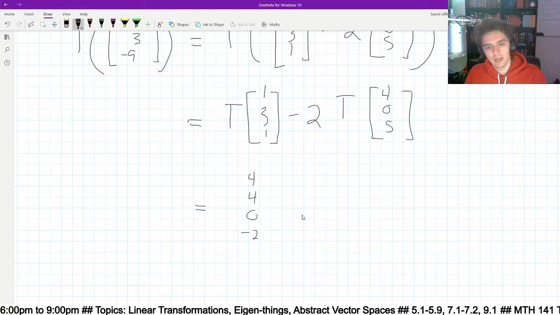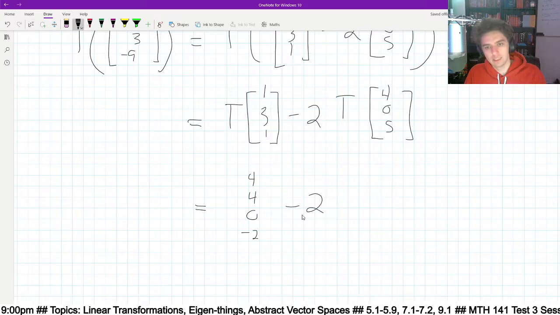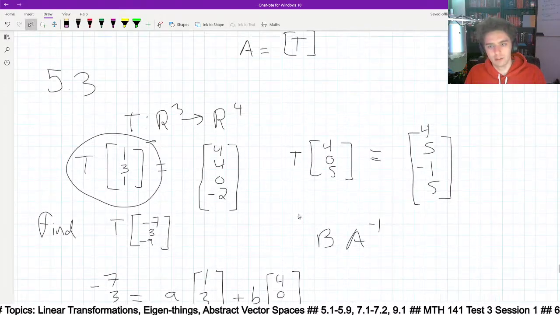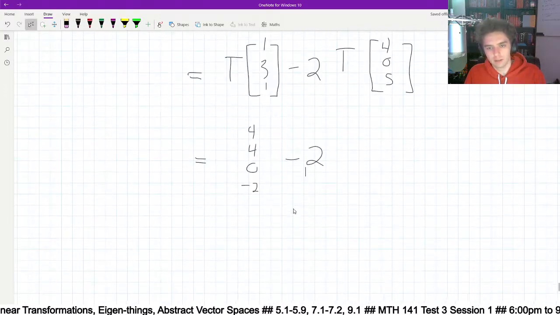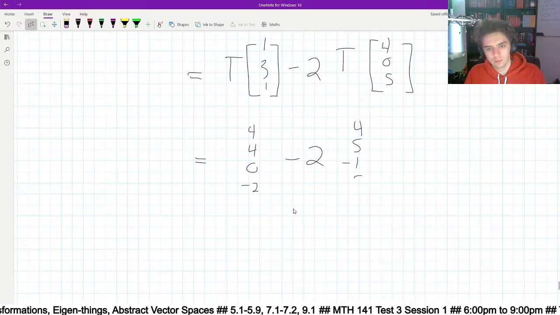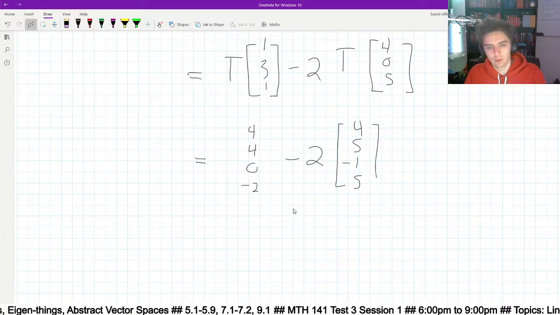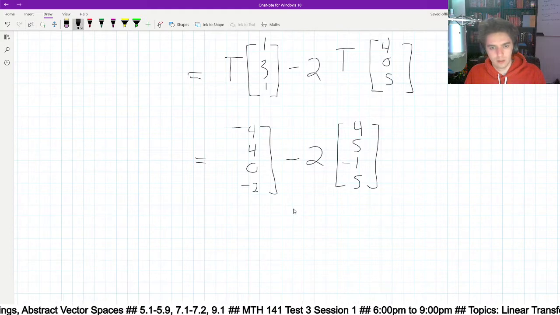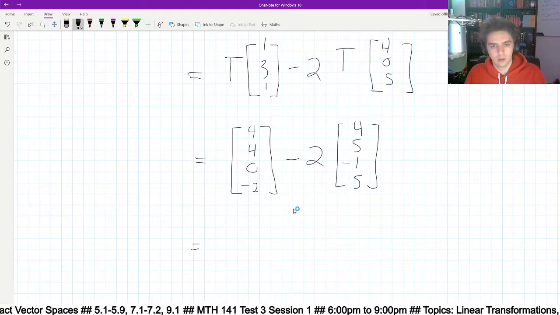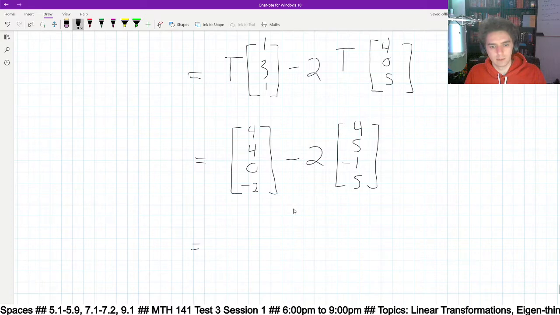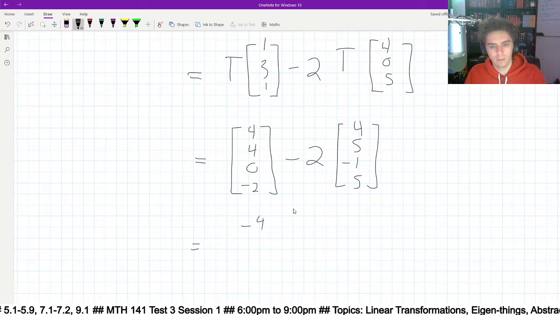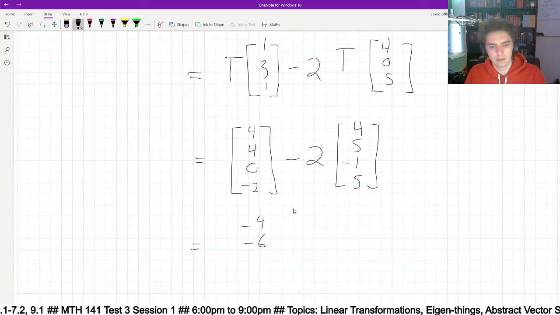-2, yep. Minus 2 times t of 4, 0, 5. Well, t of 4, 0, 5 is 4, 5, -1, 5. And these two vectors we know from the question. Okay, so 4 minus 8 is -4. 4 minus 10 is -6.